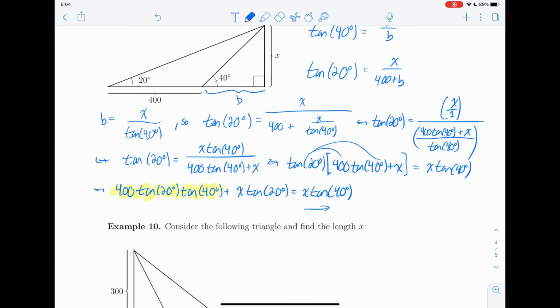And what you should end up with is x is equal to 400 times the tangent of 20 degrees, tangent of 40 degrees, all over the tangent of 40 degrees minus the tangent of 20 degrees. And that's going to be our final answer.